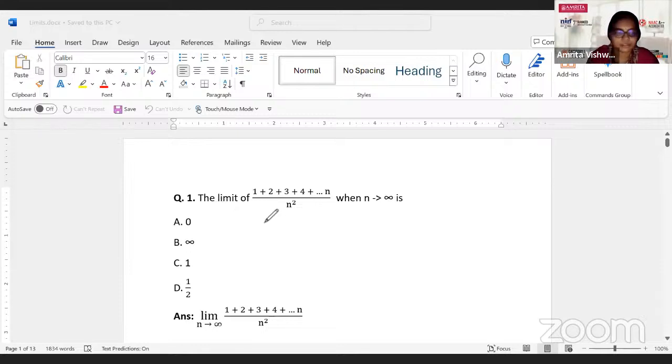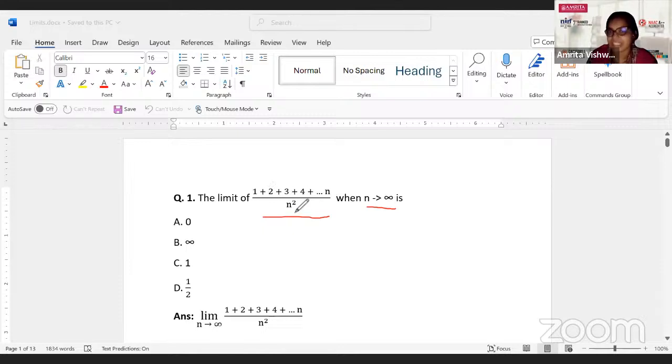The limit of 1 plus 2 plus 3 plus 4, etc. up to n, divided by n square, when n tends to infinity, is? A very simple question using the basics. We have studied the formula of the series 1 plus 2 plus 3 plus 4, etc. up to n. You have a formula already here.